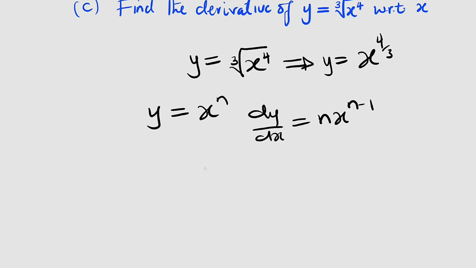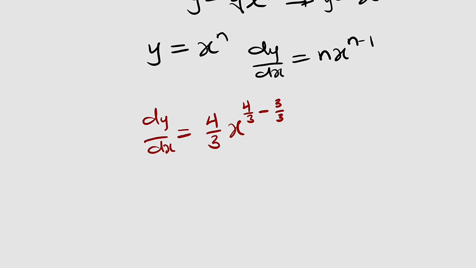So if we apply the same thing, we have dy over dx equal to, our n is 4 divided by 3, x raised to the power of 4 divided by 3 minus 1. Well, you know 1 can be written as 3 divided by 3 just to have common denominators.